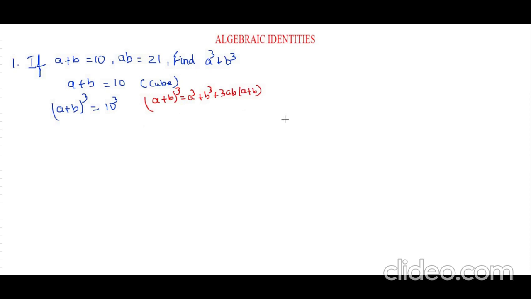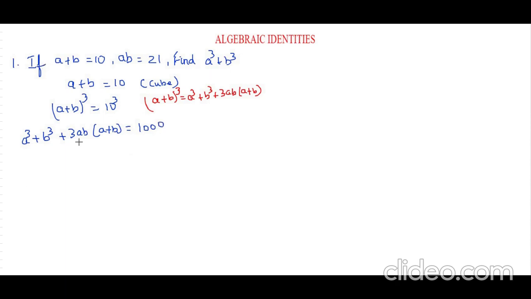I have explained the derivation and few examples of this identity in my previous video. You can refer that. So now let's apply this identity here. So a plus b whole cube can be written as a cube plus b cube plus 3ab times a plus b equals 10 cube is 1000.